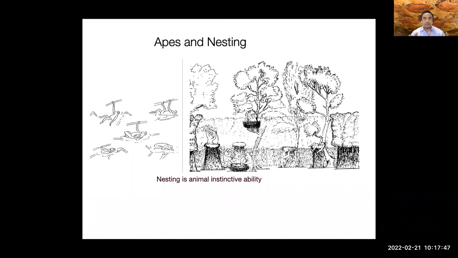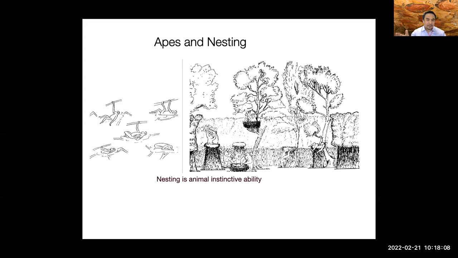And they probably move 1 or 2 or 3 kilometers per day, and then at night they stop. When they stop, the apes begin to nest. They begin to build the space for their sleep.